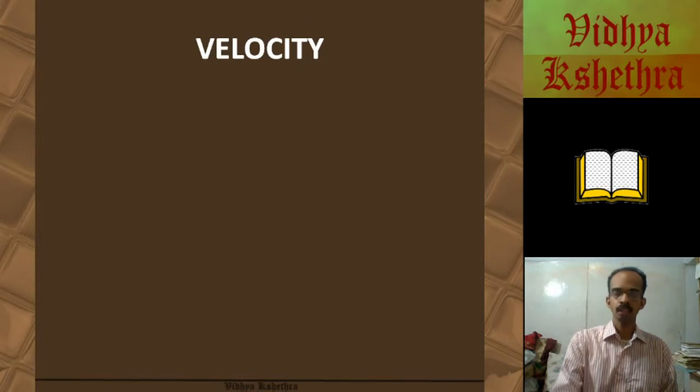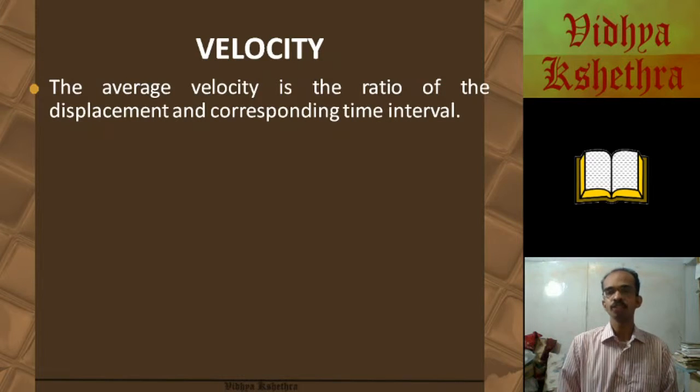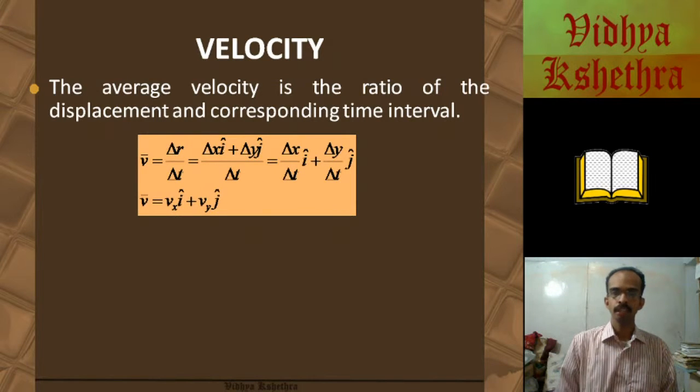Now we can see velocity in the case of 2 dimensions. The average velocity is the ratio of the displacement and the corresponding time interval. Here, the average velocity is given by delta r divided by delta t.